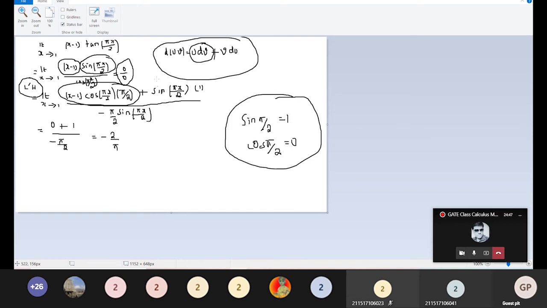What is L'Hospital rule? Differentiating numerator and denominator separately, then applying the same procedure. Any doubt? Okay, shall we move to the next problem? Okay, sir.